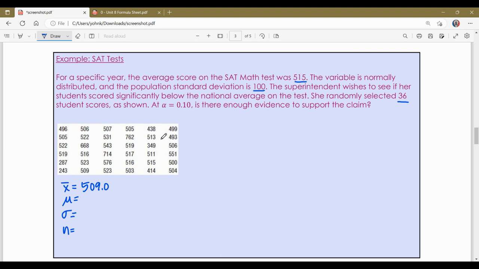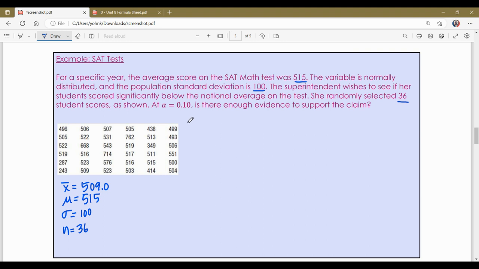I rounded to 0.0 because my data didn't have any decimals, so I knew that my mean had to have one more. My mu is my population mean, which was 515. My sigma is my population standard deviation, which is 100. And my n is the number of values, which is 36. So now I'm ready to start my steps.